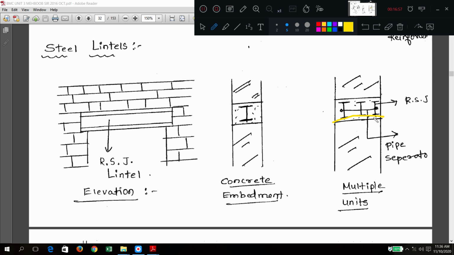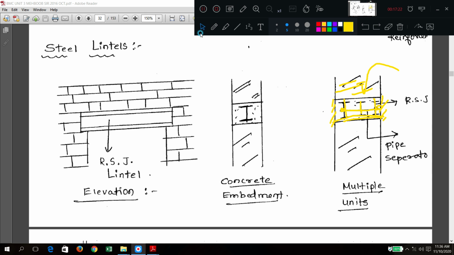Once formwork is placed, steel joists are placed inside here. It is connected by pipe separator. So formwork is placed, and after that concreting is poured here. So after curing 21 days, it is going to be removed and the top brickwork will begin. So I hope it is clear now.